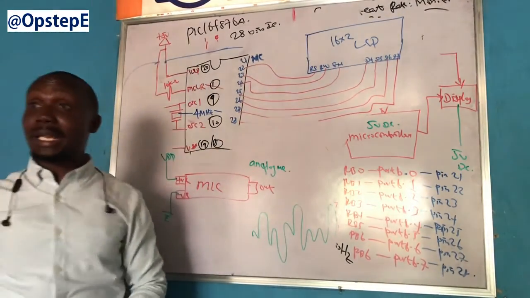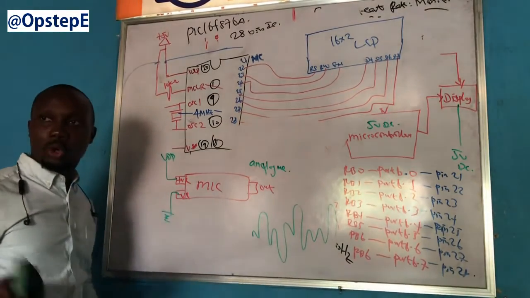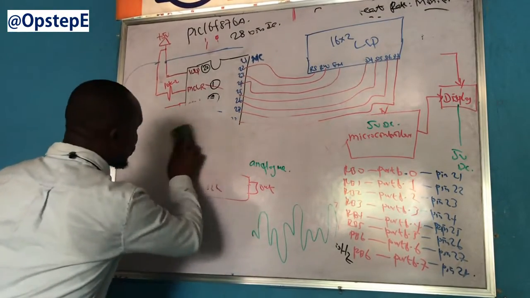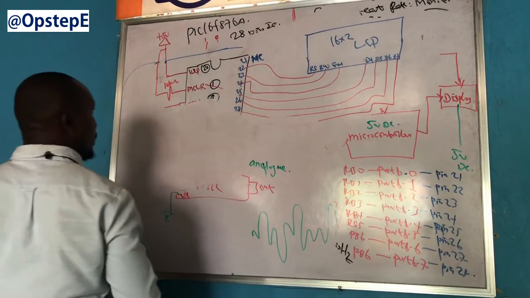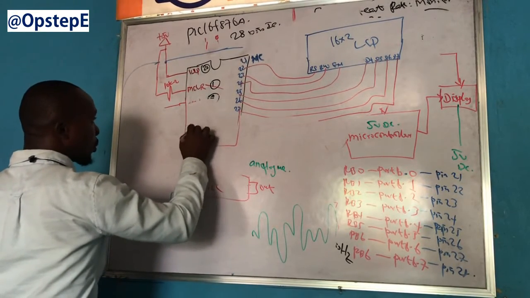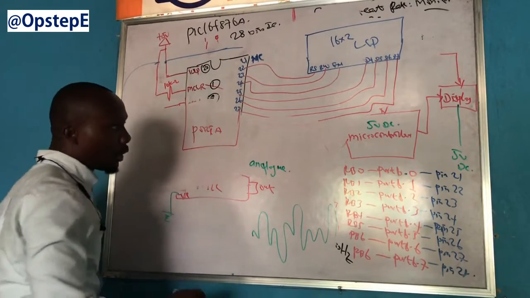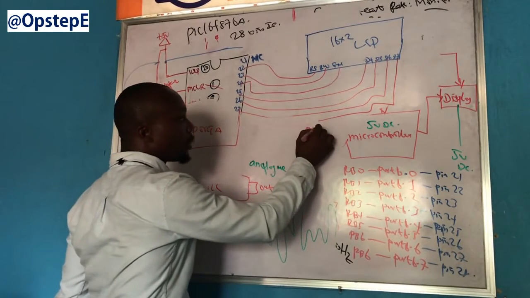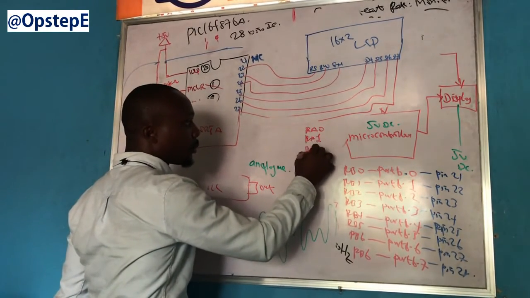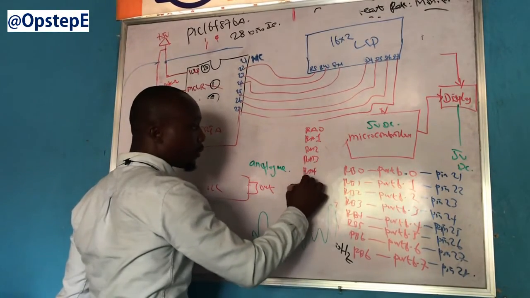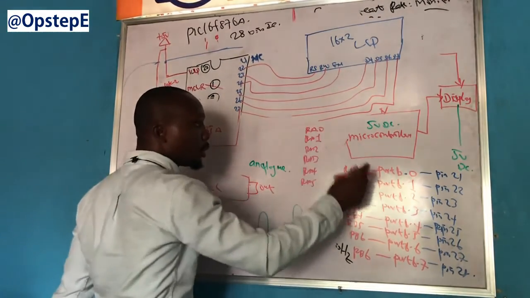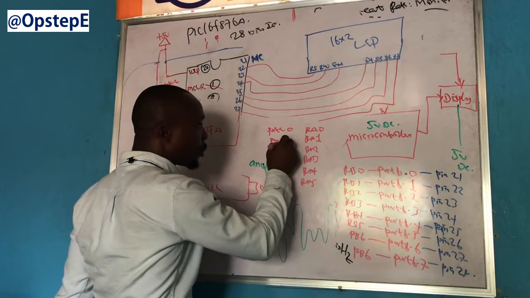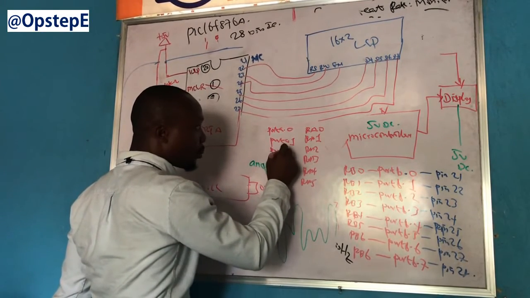For any microcontroller that allows analog input, you will likely find those pins on your port A. Let me call this port B. Just the way you have port B, you're also going to have RA0, RA1, RA2, RA3, RA4, and RA5, which should be port A bit 0, port A bit 1. Are you following? Port A bit 2.